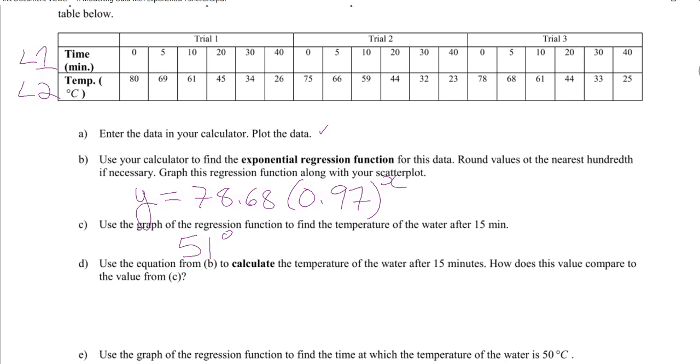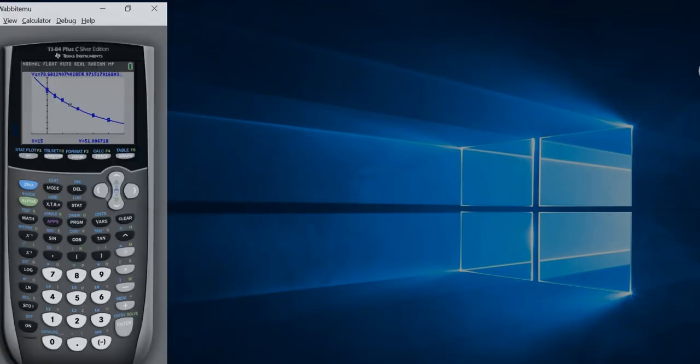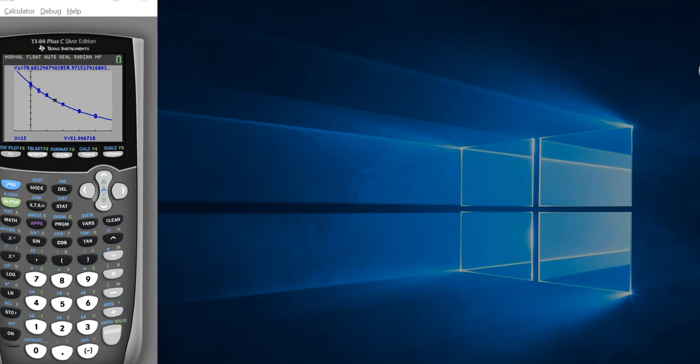Use the equation from B to calculate the temperature after 15 minutes. So this equation would be y is equal to 78.68 times 0.97 to the 15. So we go to our calculator.